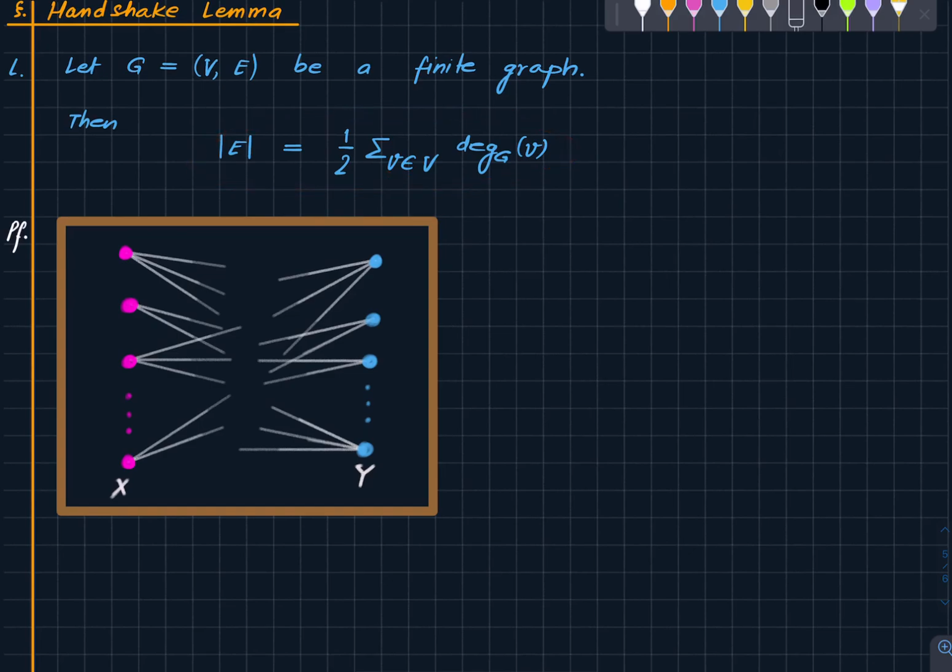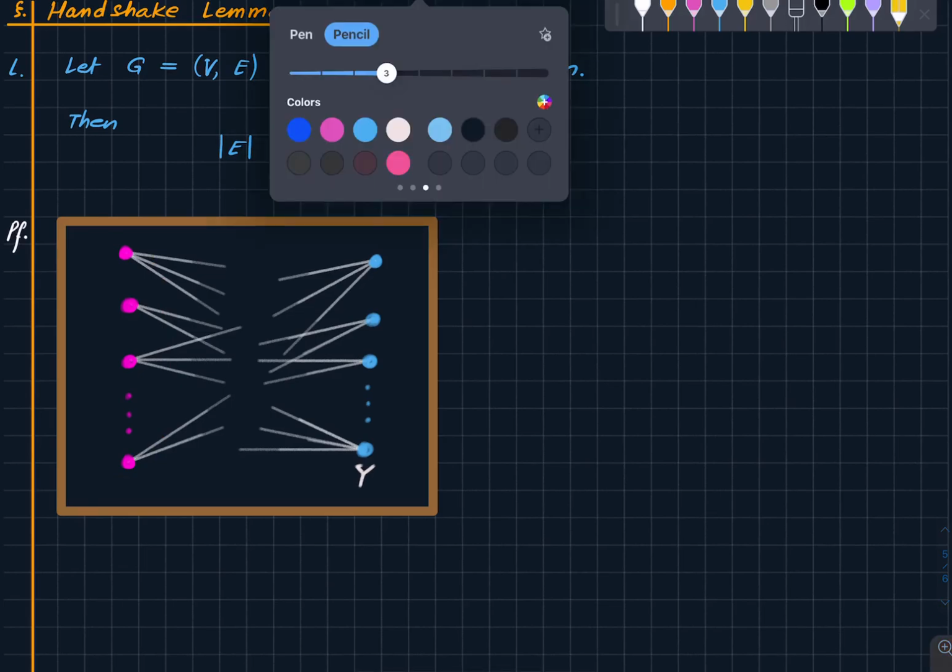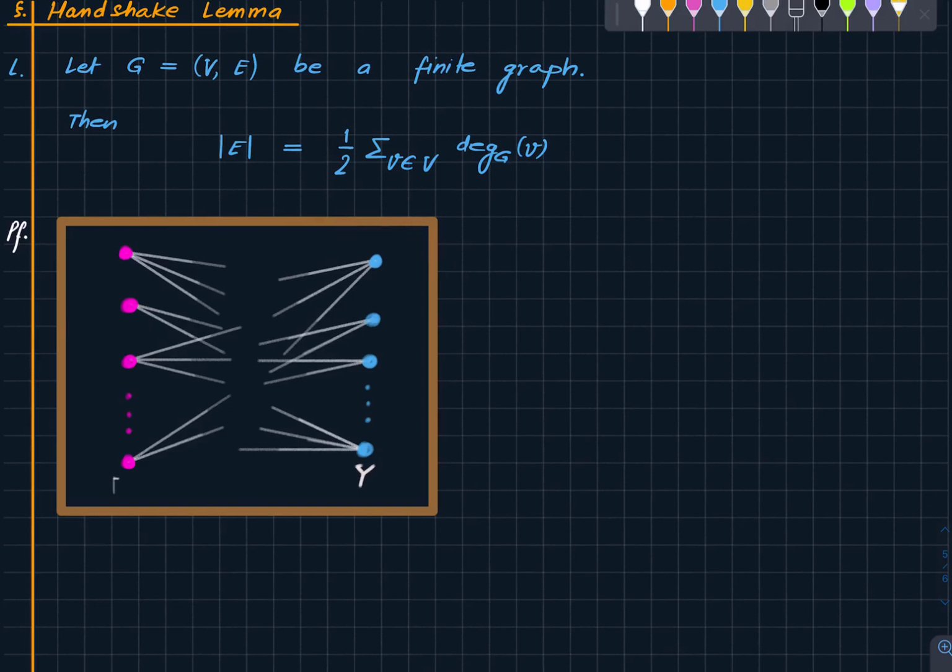So we will develop a new graph. We were given a graph. This was not bipartite or anything. This was just a graph. What we will do is we will develop a new graph. So on the left side, we will put all the vertices of the graph G. So let's say, just for convenience, the vertex set is V1 up to Vn.